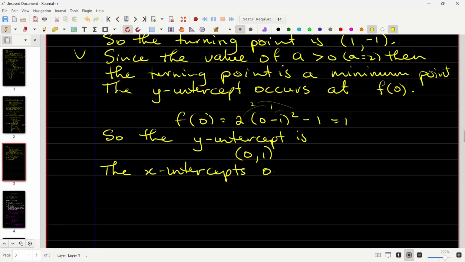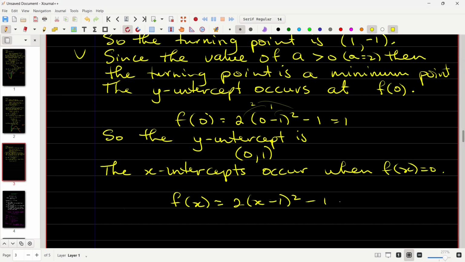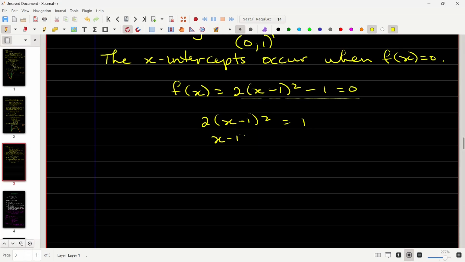The x-intercepts occur when f of x is equal to 0. F of x would be equal to 2 into x minus 1 squared minus 1 equals 0. I'm just going to work with this part here from now on. So we have that 2 into x minus 1 squared is equal to 1. X minus 1 squared is equal to a half.